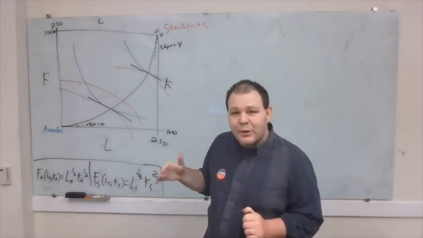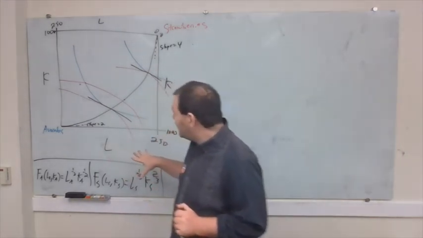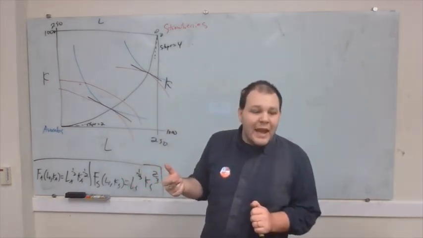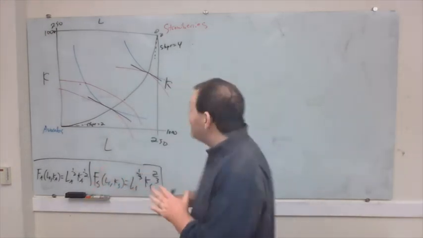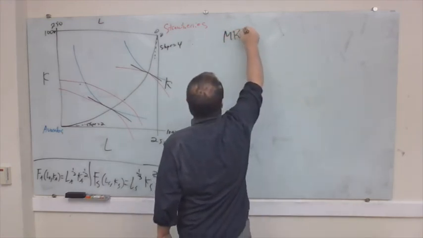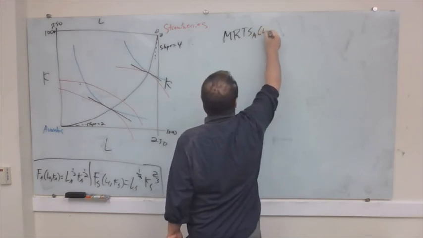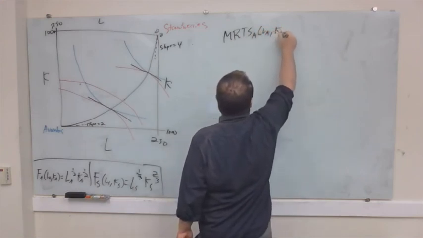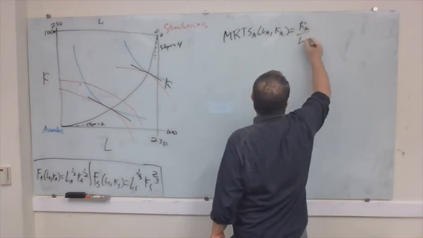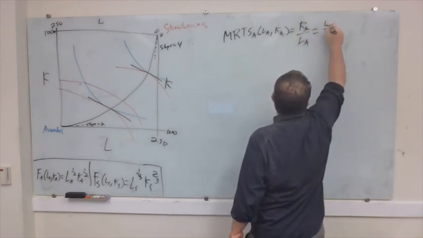The relative price of labor and capital, as I was just talking about intuitively, is going to depend on the decisions of avocado and strawberry producers. And in fact, we can get that, again, by saying MRTS equals W over R. MRTS in the avocado industry equals KA over LA, and equals W over R.